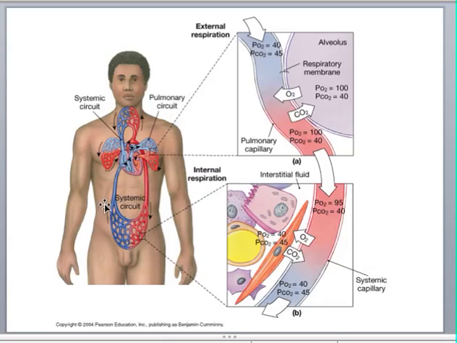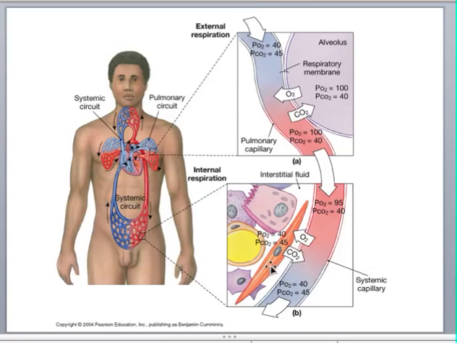and this blood is now going to return back to the heart, right? It's going to come back to the right atrium, go to the right ventricle, and then get sent back to the lungs, where it's going to go back. Now this part where the gas is exchanging between the alveolus and the pulmonary capillary is called external respiration.